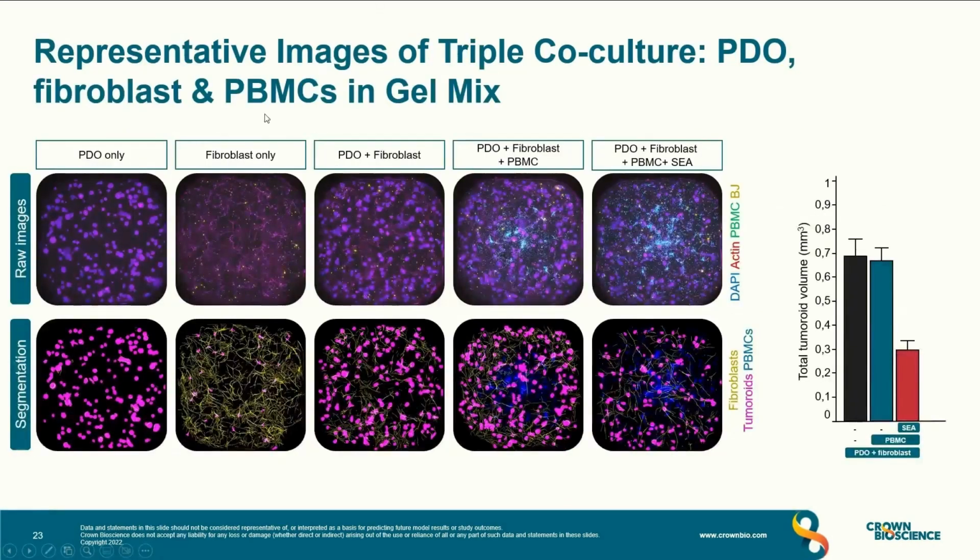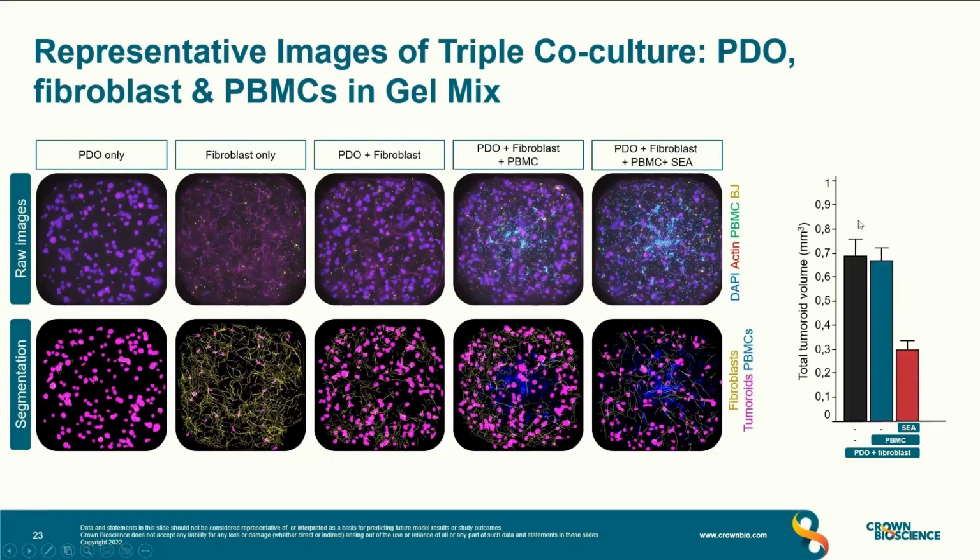We have either organoids only, fibroblasts only, the double co-culture between fibroblasts and organoids, and then we add on top PBMCs or PBMCs that are activated by superantigen SEA. Below you can see the segmentation masks that our image analysis software is making to make the final quantifications of these different compartments in these cultures.